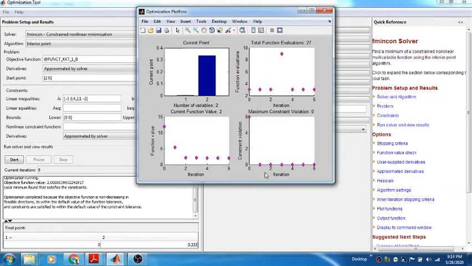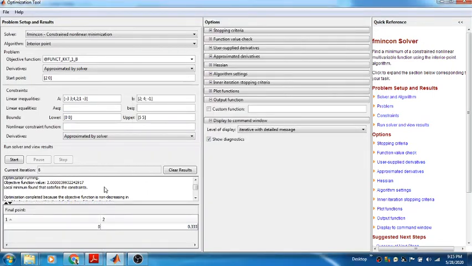You can see here the constraint violation. It is not reporting any constraint violation, right? You can see the values here: 0 and 1/3. This is the value, and you can read here that a local minimum was found that satisfies the constraints.